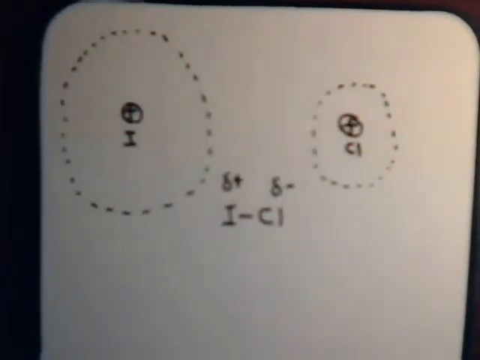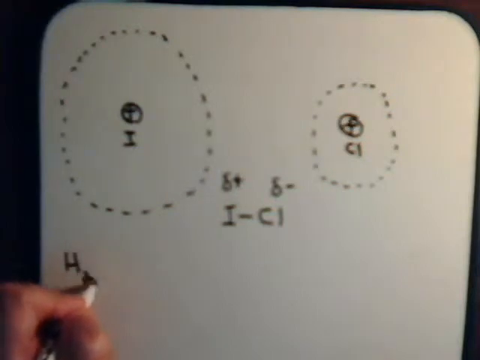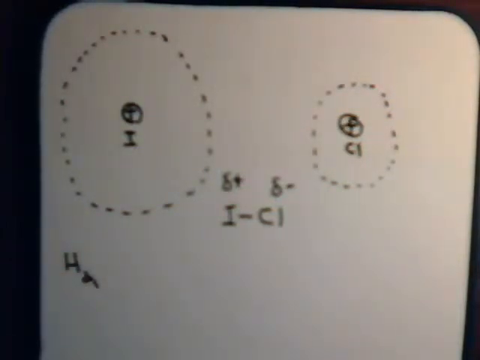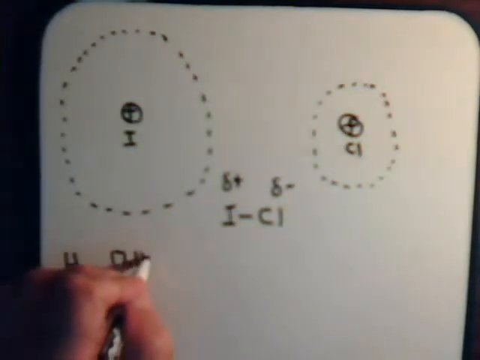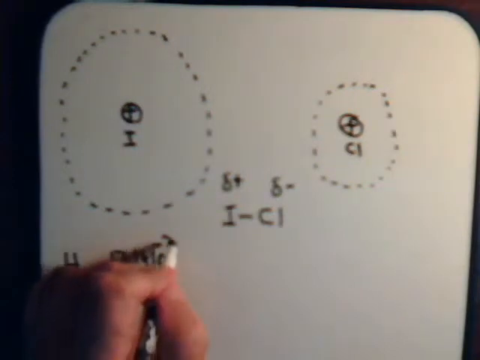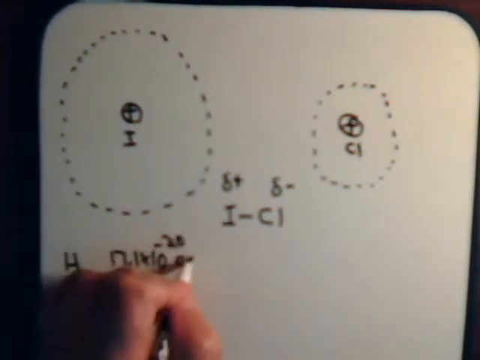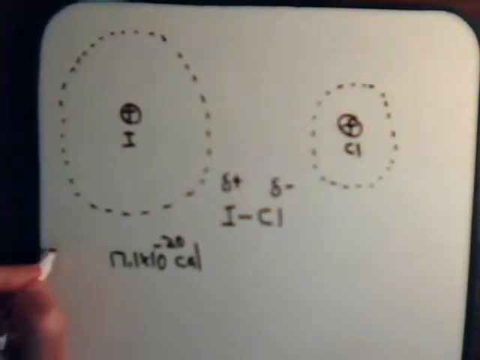And we can try to get a handle on that situation just by considering a simple example. If we have, say, a hydrogen molecule, it takes about 17.1 times 10 to the minus 20 calories to break one of these bonds. Let's show it like this.